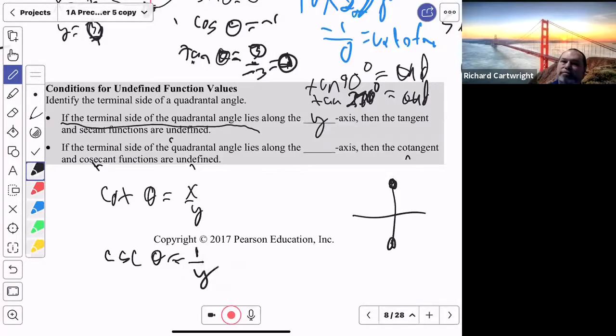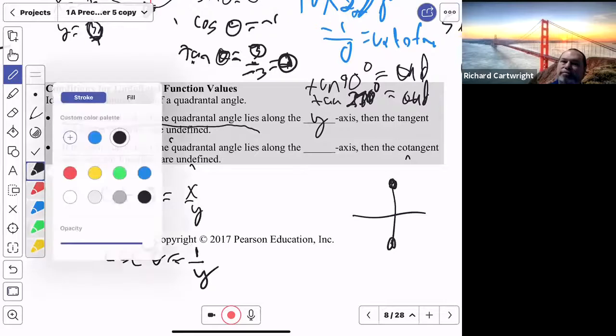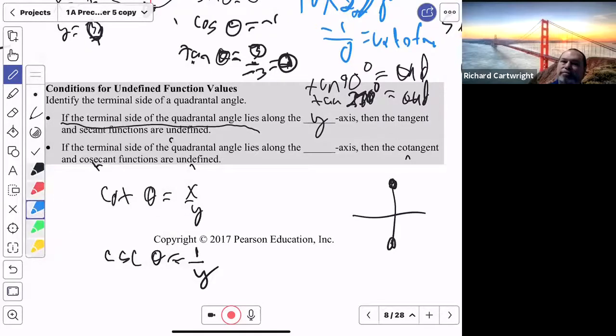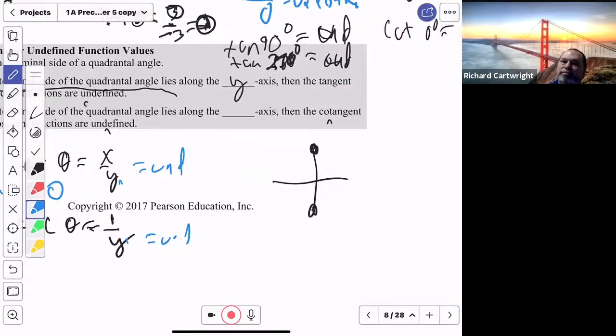What do you notice? What makes it undefined? If the y's equal to 0, those are undefined. If the y is 0. Well, where is y 0 at? Here and here. That's the x-axis.